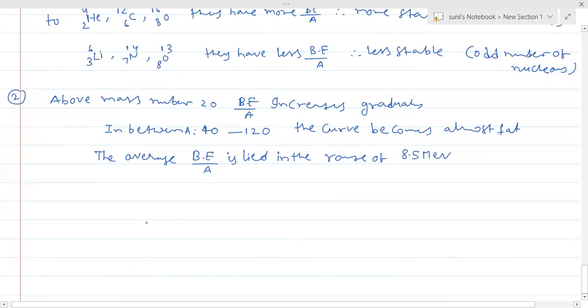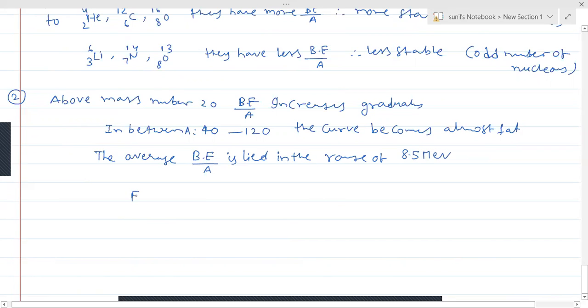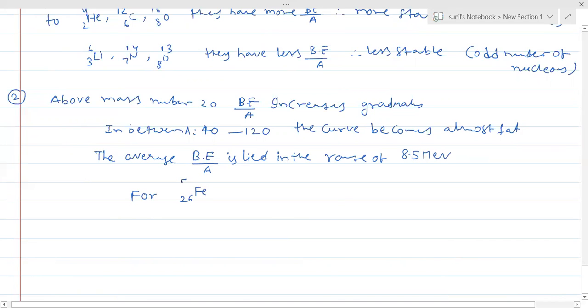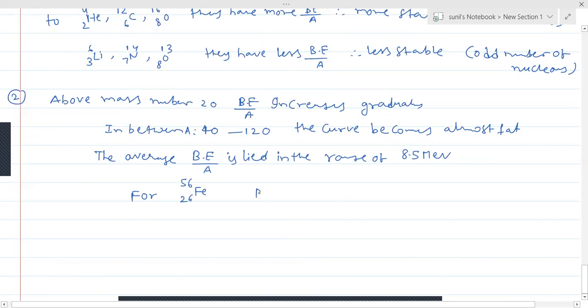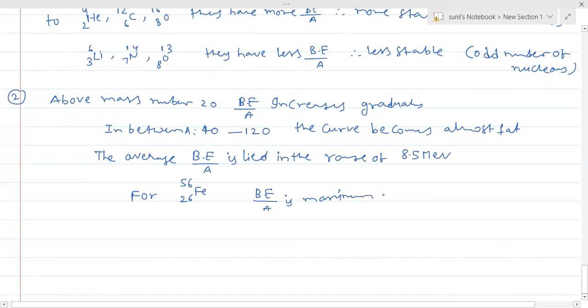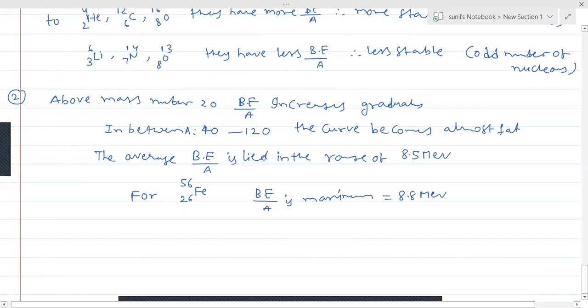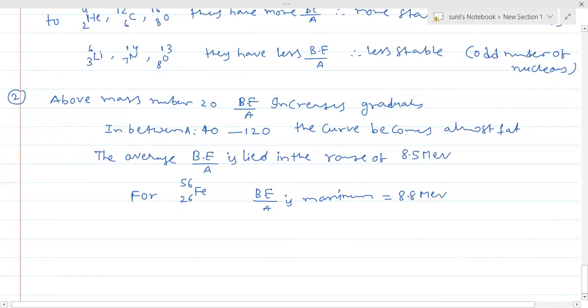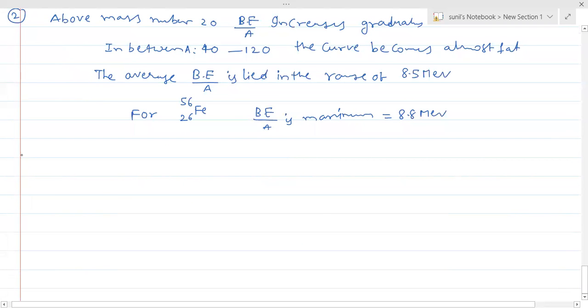And we will see from the graph that for 26 iron 56, the binding energy per nucleon is maximum, in the order of 8.8 MeV. So these points should be memorized. These are very important.